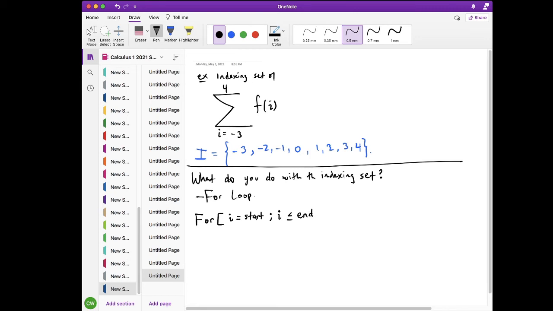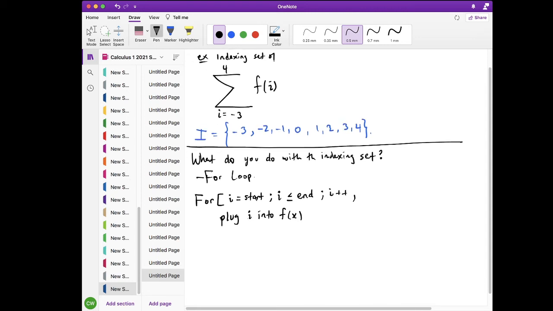And whenever you loop, you're going to add 1 to i. That's just the coding symbol for all that. And then what you do in every single iteration is that you plug i into f. Let's say f of x.